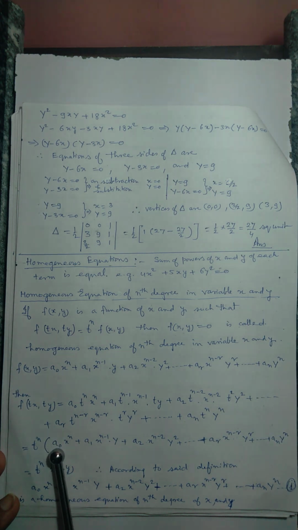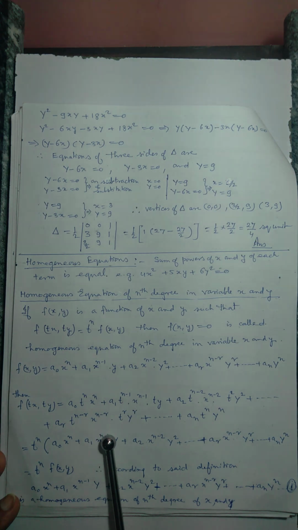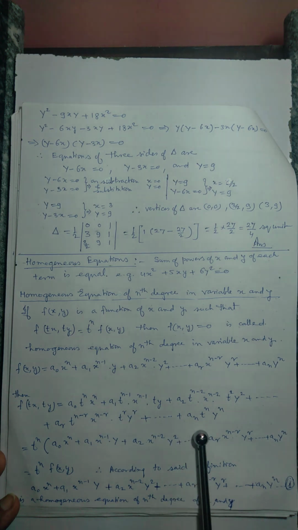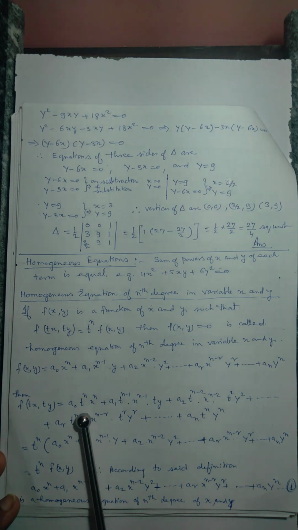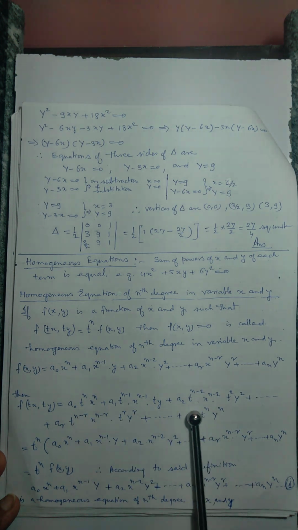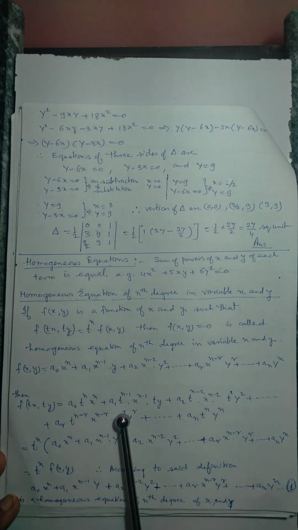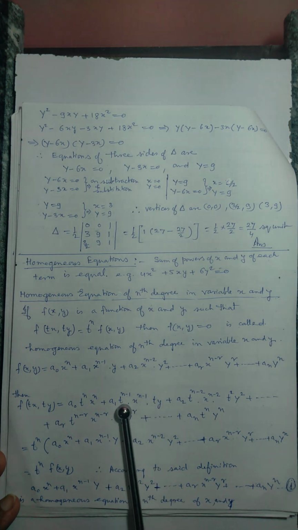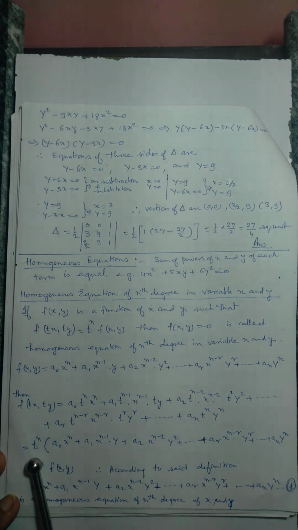The next term, known as the general term, is ar t raised to power n minus r, x raised to power n minus r into t raised to power r, y raised to power r, plus and so on, an t raised to power n, y raised to power n. You can take t raised to power n common. Everywhere you will get t raised to power n. Combining t raised to power n minus 1 and t, you will get t raised to power n. That is why I have taken t raised to power n common.